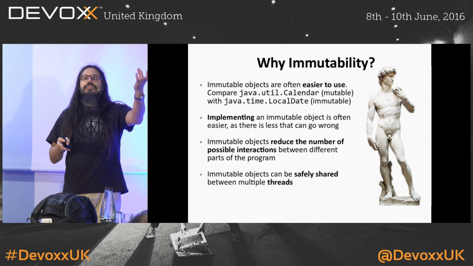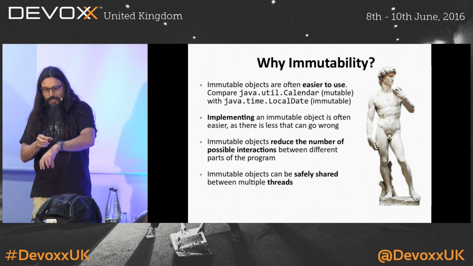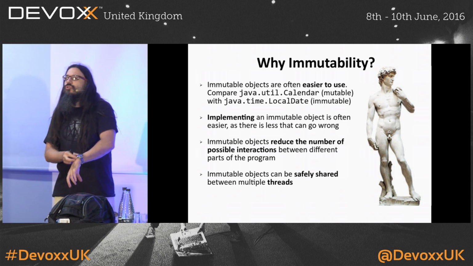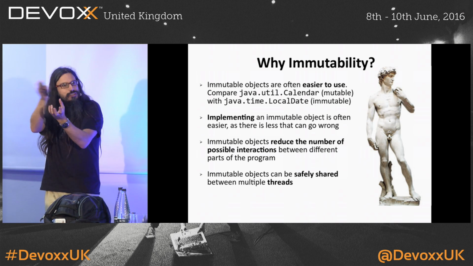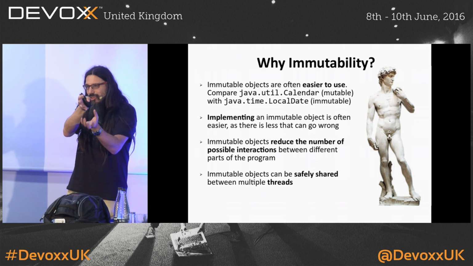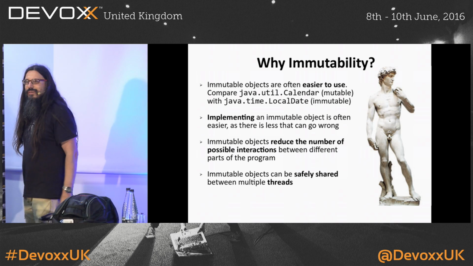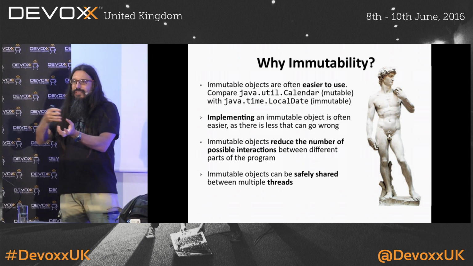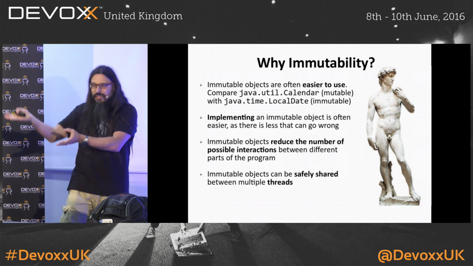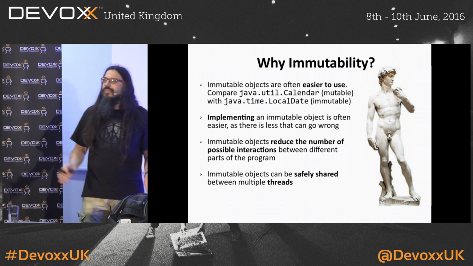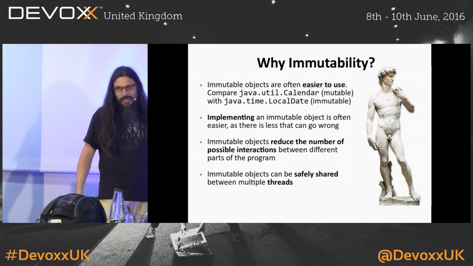You say, this is the date, this date is the 8th of June. Now it's no longer June, it's September. That makes no sense even from a domain modeling point of view. You are creating a new date that is the 8th of September, not taking the 8th of June and making it the 8th of September. Doesn't make any sense.